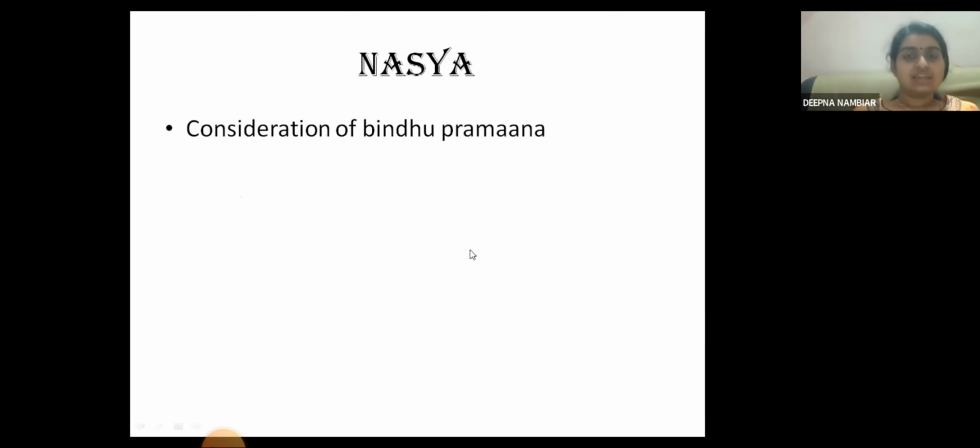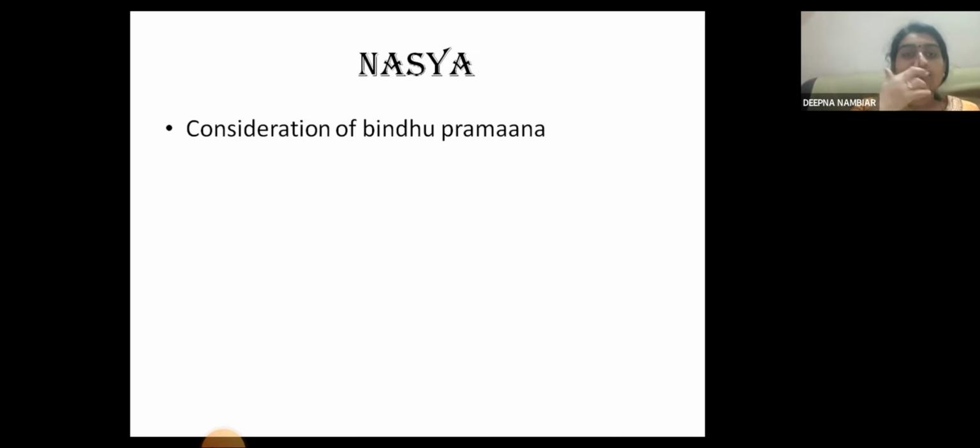And in the case of Nasya, the matra of Nasya is based on the Bindu Pramana. For Bindu Pramana, one has to dip his angula, and then we take the measurements drop by drop. The amount of drops coming out from the finger of the particular patient will be considered as the Bindu Pramana for that patient.